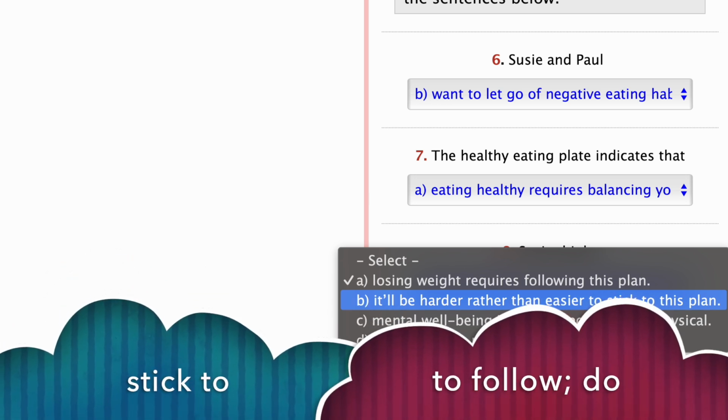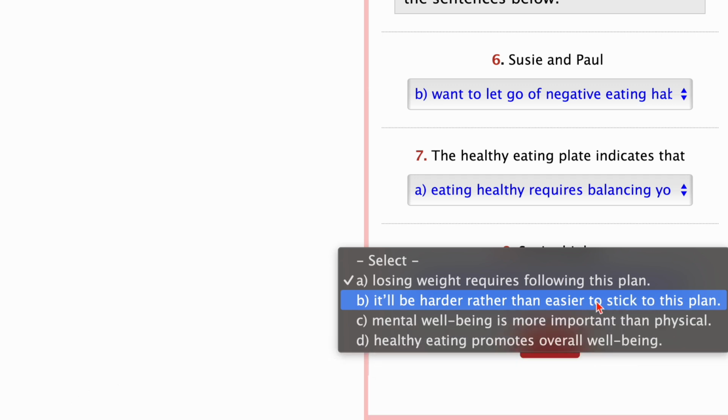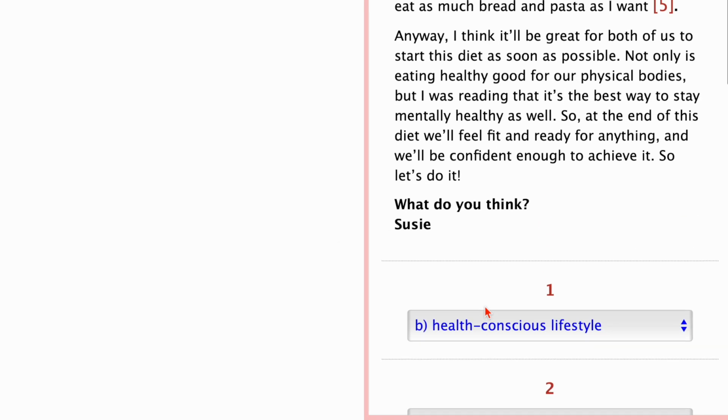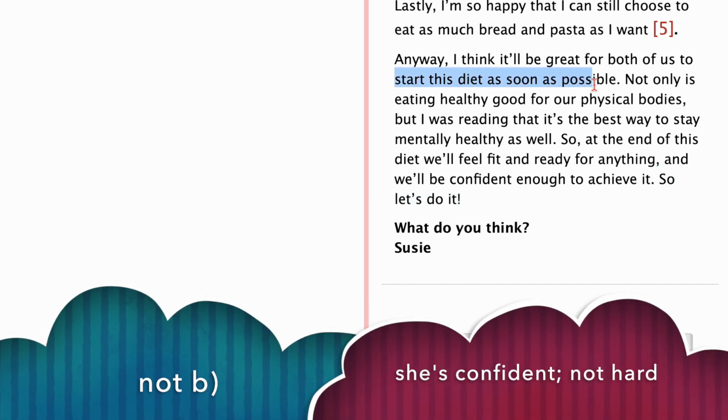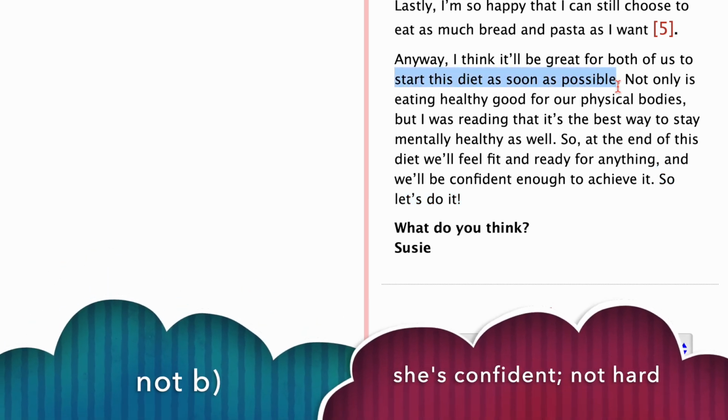To stick, to follow, to do. And she didn't mention that in the end. She said, I'm confident. Okay, so let's do it. She doesn't say it's difficult. And also, start this new diet plan as soon as possible.